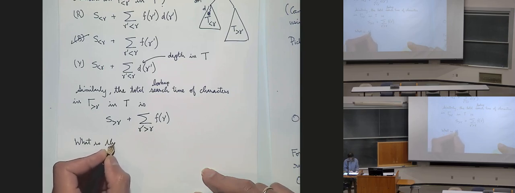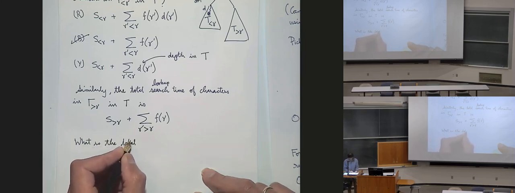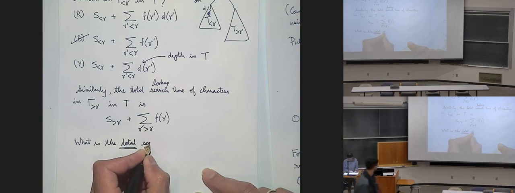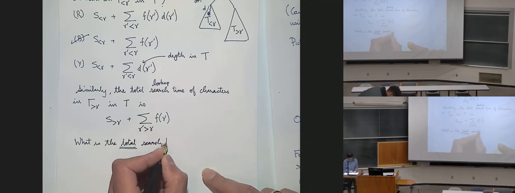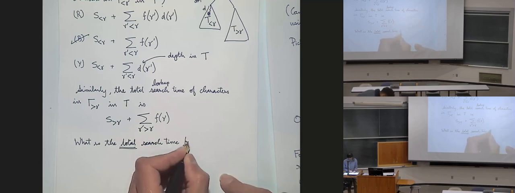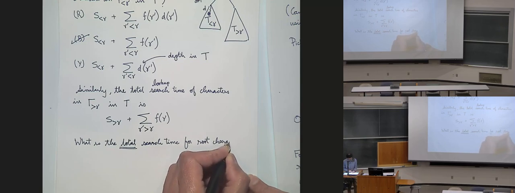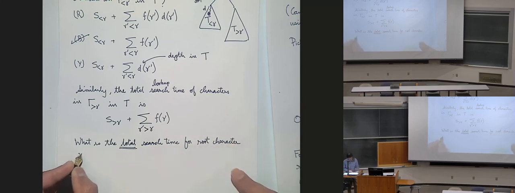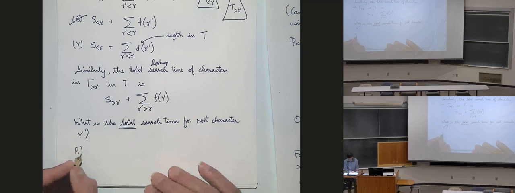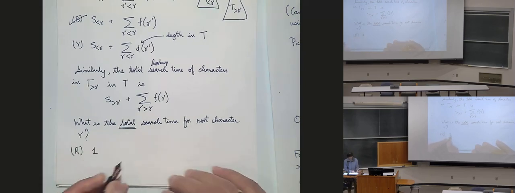What is the total search time for the root character gamma? So that's the root that you chose. Is it just 1?